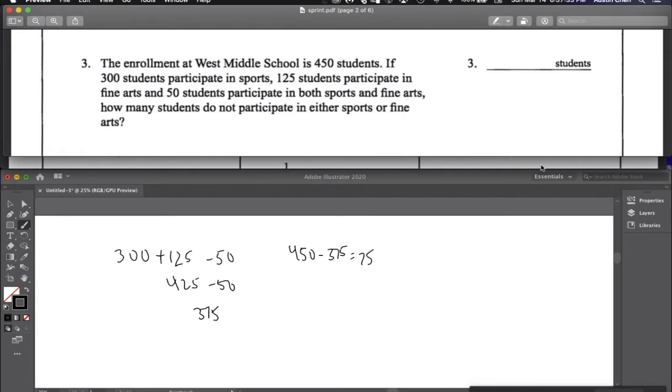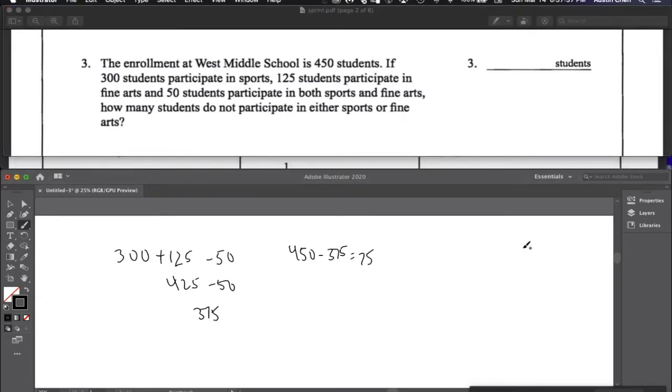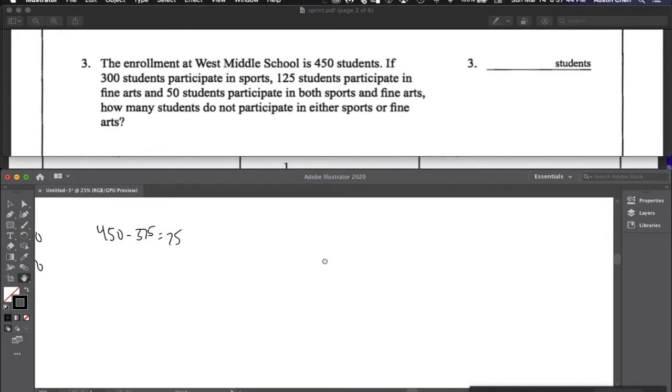So that was just a way of thinking about it in your head. But I feel like for some people, it might be hard to just think of it in your head and get to it. So that's why I also have a Venn diagram way, and the Venn diagram way is very easy to follow. If you do the Venn diagram way, you can easily get to the answer.